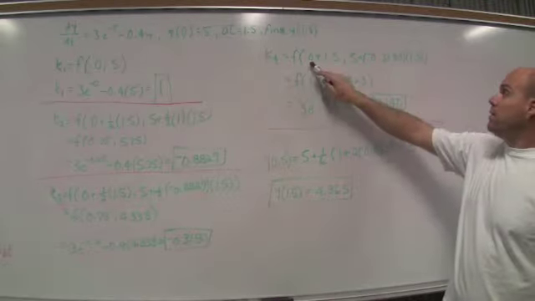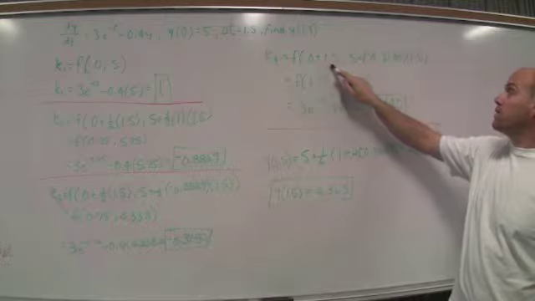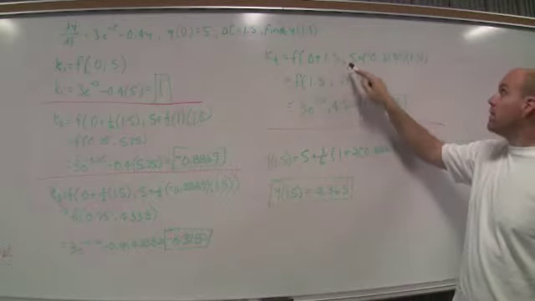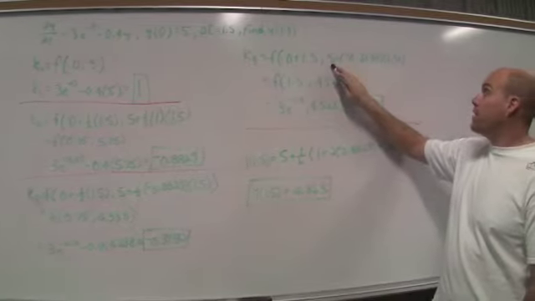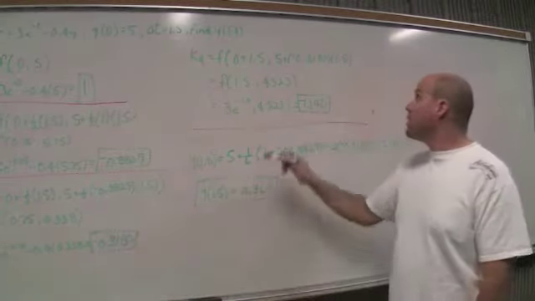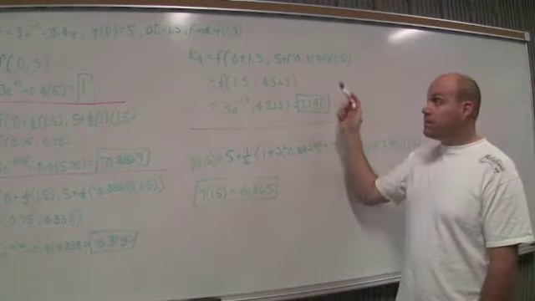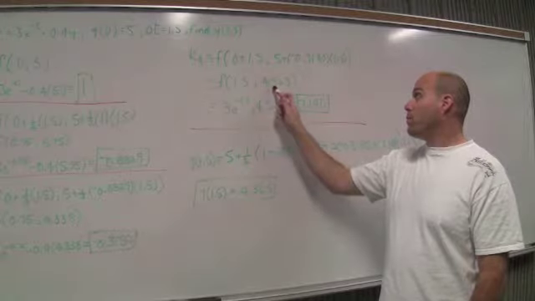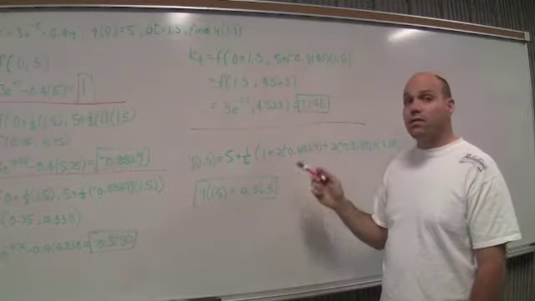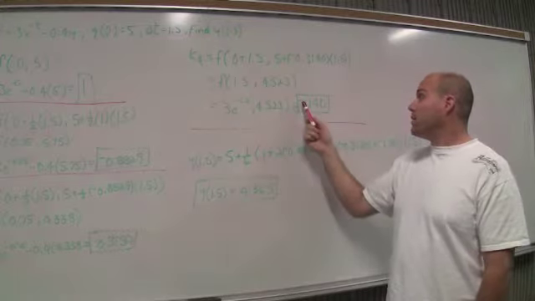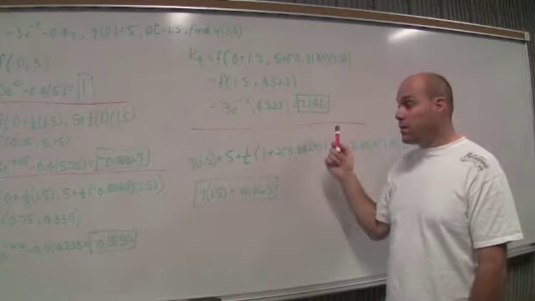Plugging those values in, x initial plus our step size, 1.5, comma, our y initial plus our K3 down here, times our step size. Then we get f of 1.5 and 4.523 for x and y values. Plug that into our original equation, we get negative 1.140.